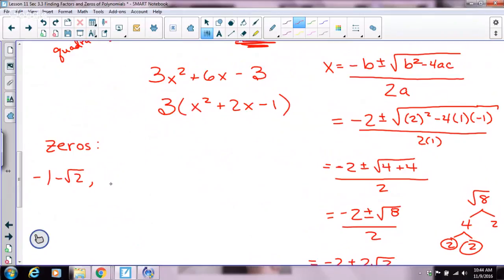I'll put the smallest first, because that's what you would see graphing. Wouldn't that be smaller than 2/3? This is about 0.67. This would be -1 plus 1.414, which is just .414.